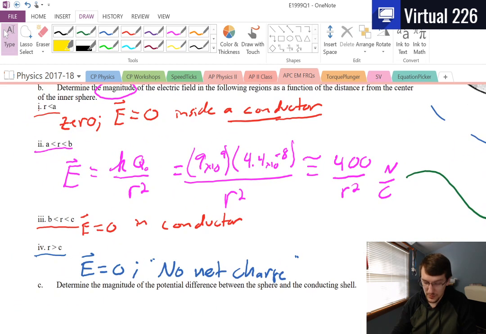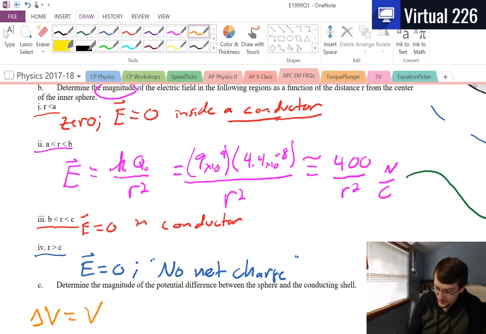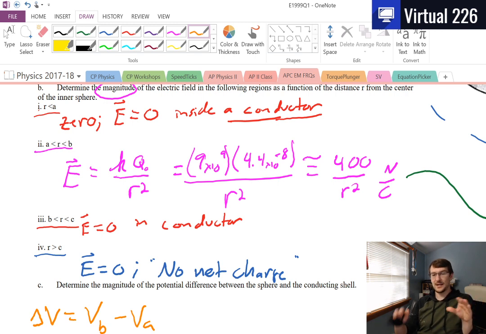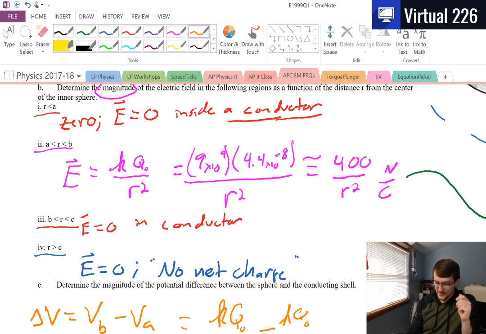If all we're looking for is the potential difference, then that delta V is just whatever the voltage at B is minus the voltage at A. By just taking the voltage at those positions and subtracting them, we're fine. And knowing that voltage is just equal to kq over r, that would give us an answer of kq naught over b minus kq naught over a.